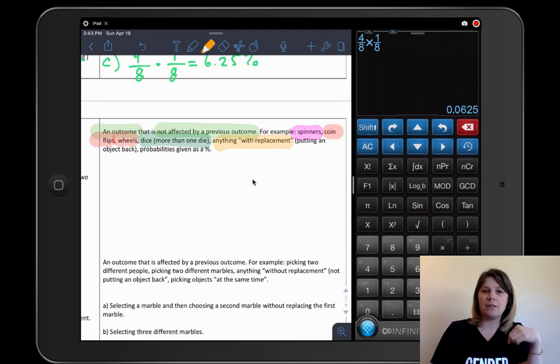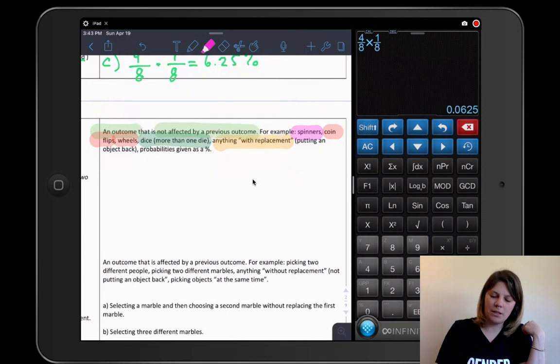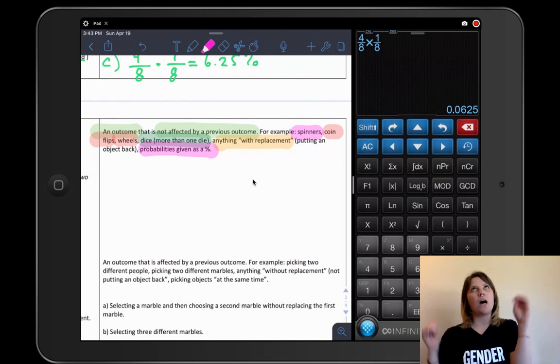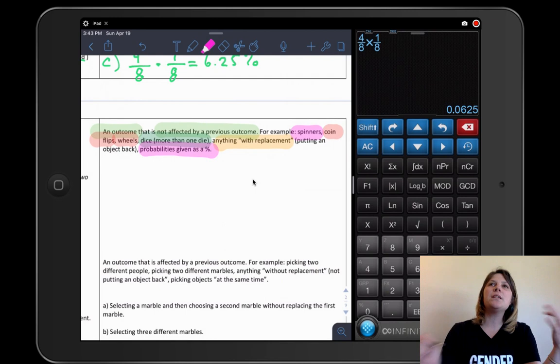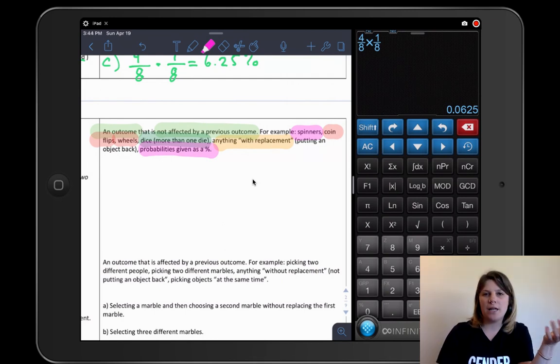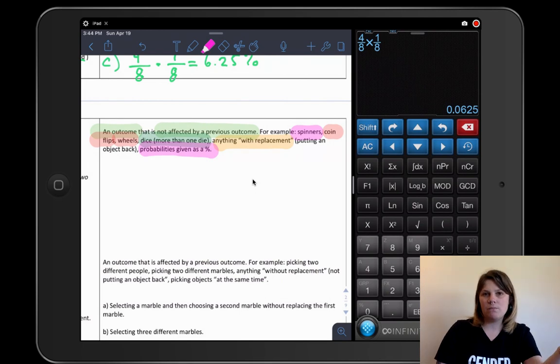That does matter. Okay, and then anytime you see a probability given as a percent, we consider that to be independent. Let's talk about why just a little bit. The reason is because percent doesn't actually mean you have 100 items, right? If I said I have a 90% chance of being on time, it doesn't mean that I tested it 100 times and 90 out of the 100 times I was on time.